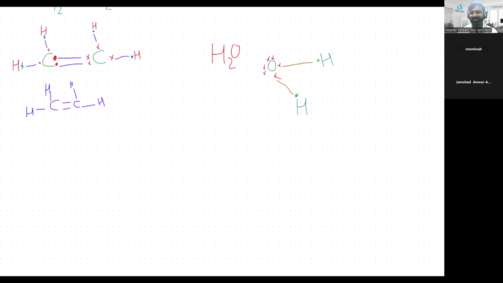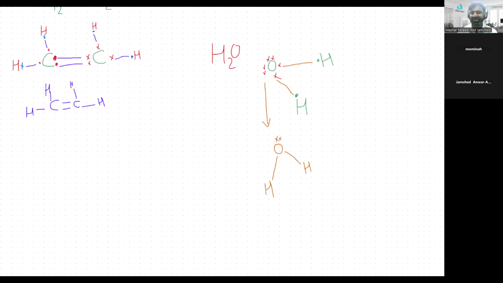So one single covalent bond is formed in this line, and one single covalent bond is formed in this line. When they share, the structure becomes like this. Then these 2 electrons you must place, because these are called lone pairs.